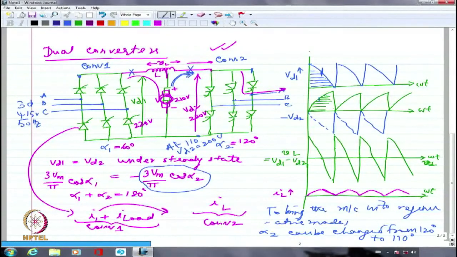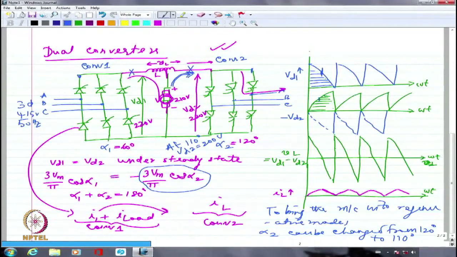That is true, but regarding the motor inductance, again, you have to compare the armature time constant with the mechanical time constant. How much is the mechanical time constant? It will be at least in seconds. Armature time constant, a few milliseconds. So compare the two time constants, you will realize that the reversal of armature current can take place much more quickly compared to the machine coming down to lower speed.